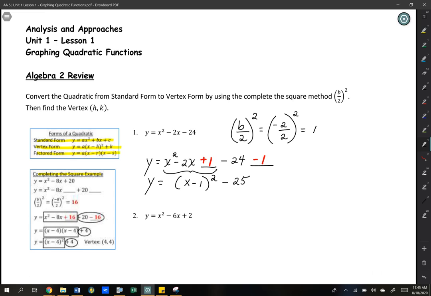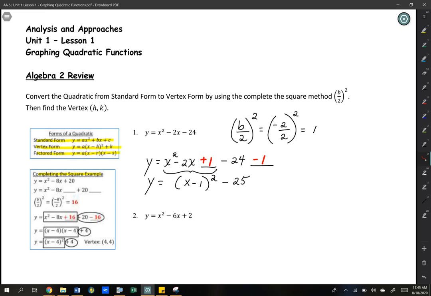So we've taken the equation y equals x squared minus 2x minus 24, and we've simply rewritten it as y equals x minus 1 squared minus 25, right? Because x minus 1 times x minus 1 is just this, x squared minus 2x plus 1. So we've just rewritten it, right?